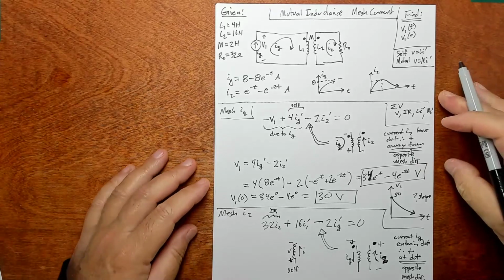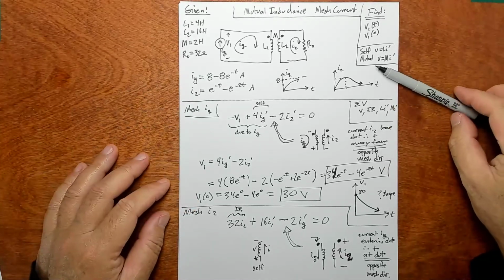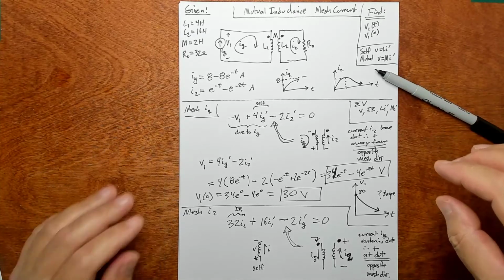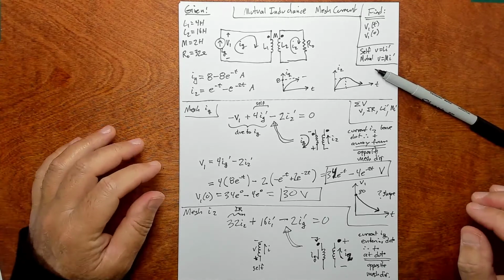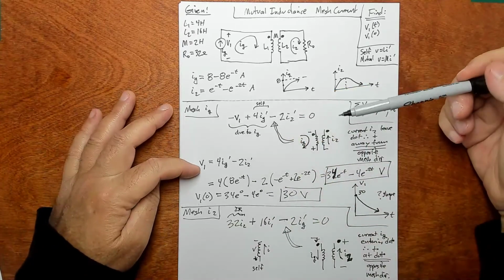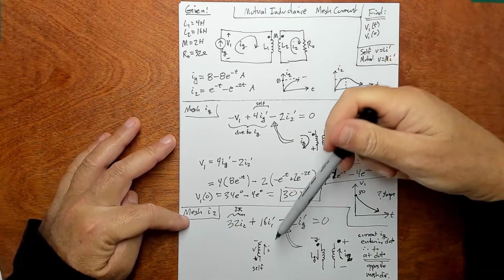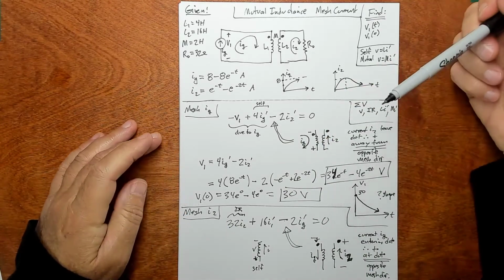So there's about 6 to 8 different ways to mess this up. It's inherently confusing. Go slow, and let me just check this over real quick. Yep, I checked it over. Looks good. Okay. So anyway, we wrote mesh Ig, and that was useful for getting V1, which is what we're asked to find. And then we wrote mesh I2, which wasn't useful for anything. It was just for fun.